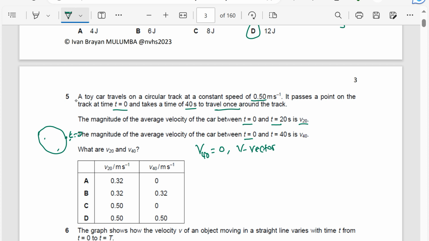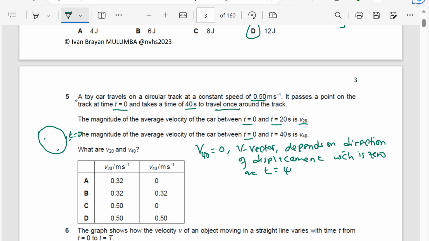Remember, the vector v depends on direction, actually the direction of the displacement, which in this case is 0 at time t equals 40 seconds.